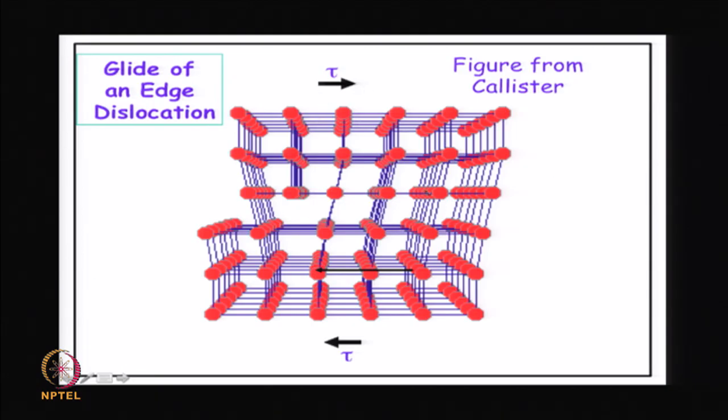That is what this arrow is indicating. To achieve this shear, of course, the entire block of the crystal can move, or this dislocation which is present can move, and we will see it is much easier for the dislocation to move than the glide of the entire half of the crystal.